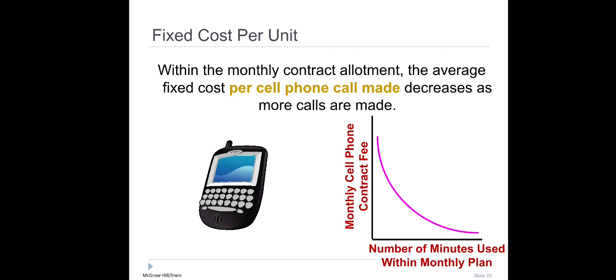So the unit fixed cost drops very fast. Another point is, the more a business produces its product, the lower the unit fixed cost.